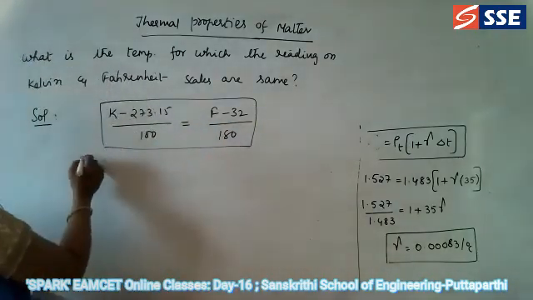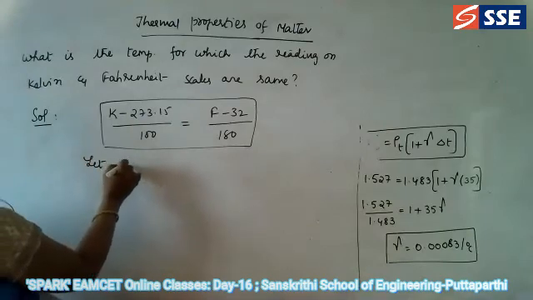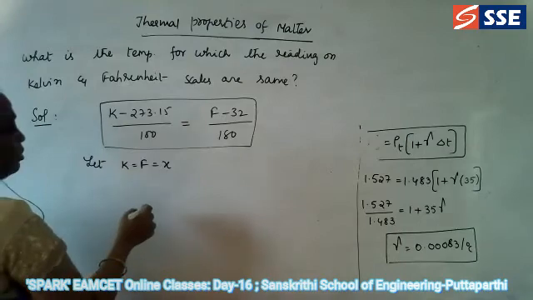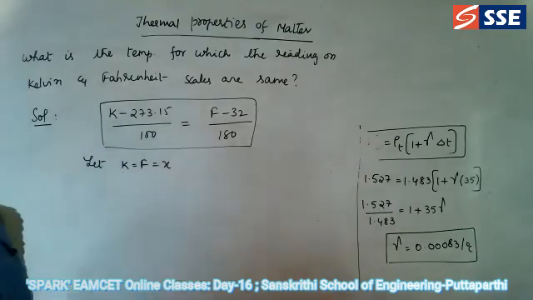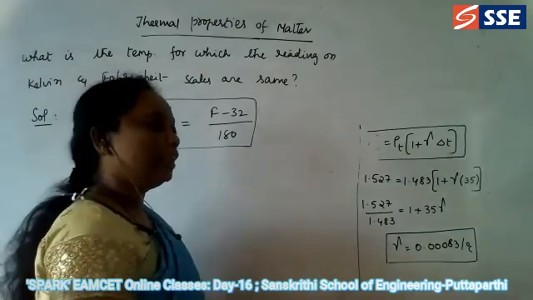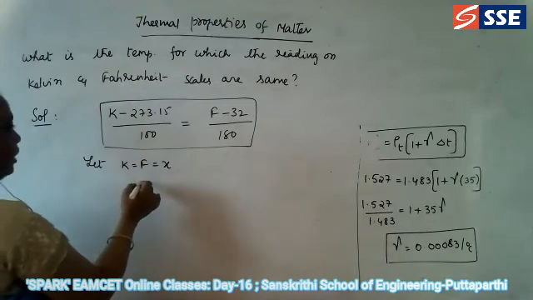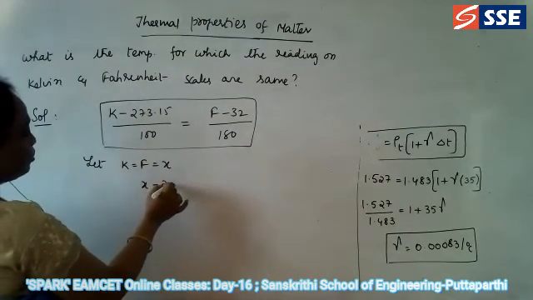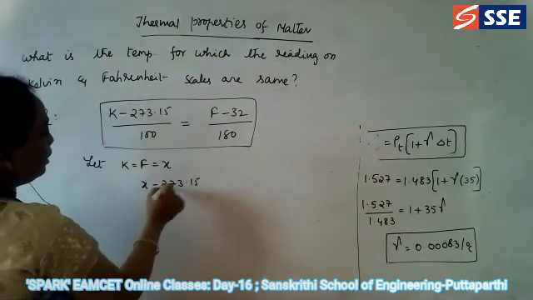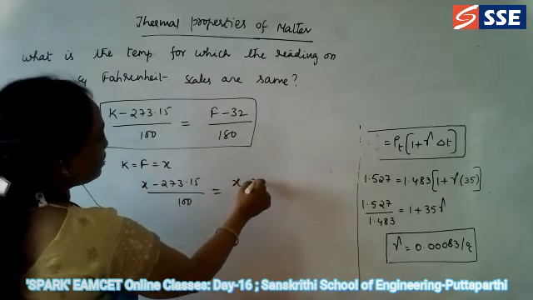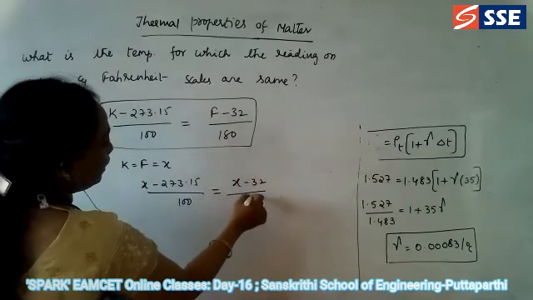In this case, let us take K is equal to F is equal to X, so that we can calculate the X value. Once the X value is calculated, it is nothing but the temperature. So calculate and substitute: X minus 273.15 by 100 is equal to X minus 32 by 180.